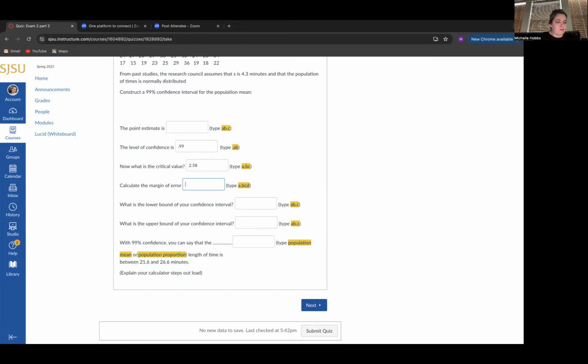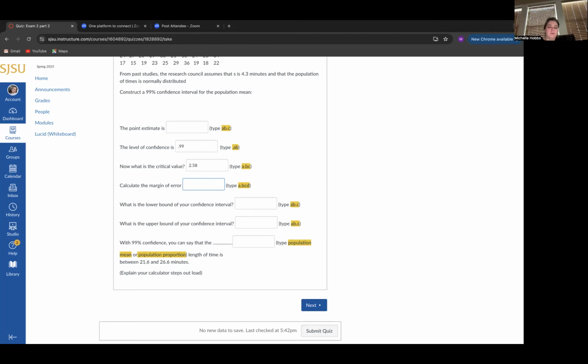I know that from calculating the sum of the data points, which is 440, divided by 20 equals 22. Critical value, got that.